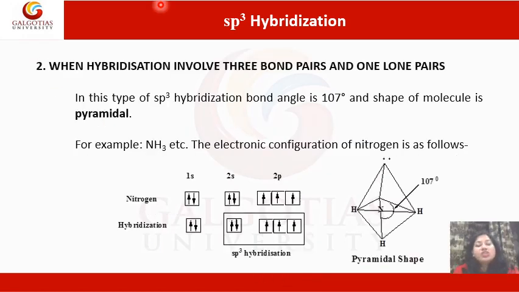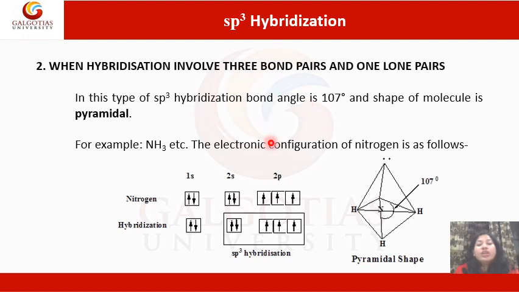The next condition of sp3 hybridization is when the hybridization involves 3 bond pairs and 1 lone pair. In this type of sp3 hybridization, the bond angle is 107 degrees and the shape of the molecule is pyramidal. Now, let us consider the example of ammonia.